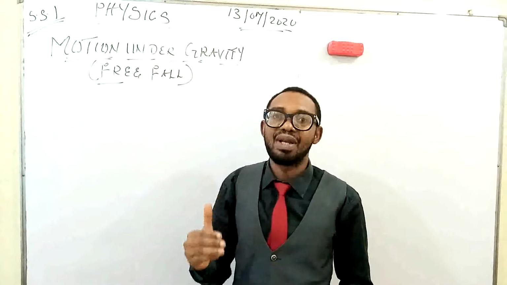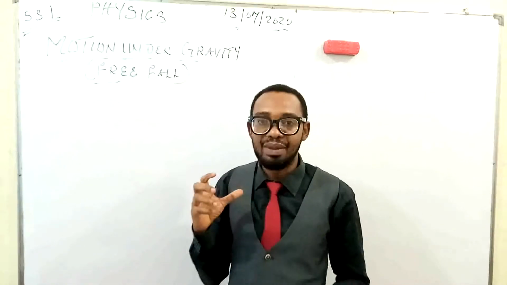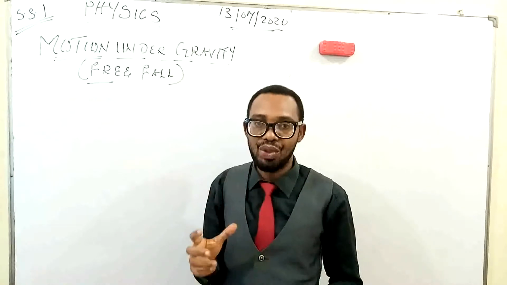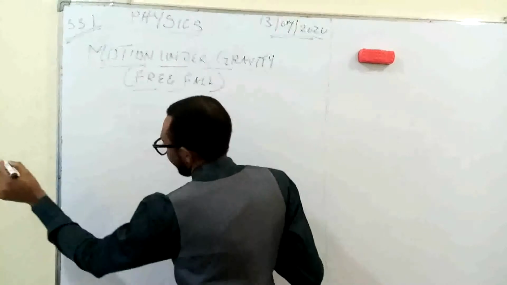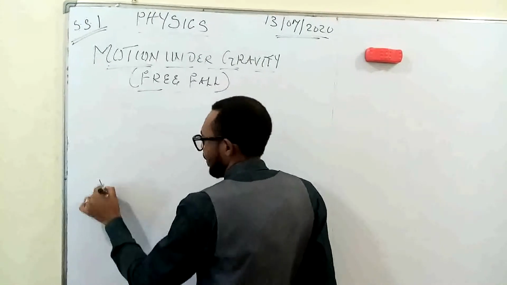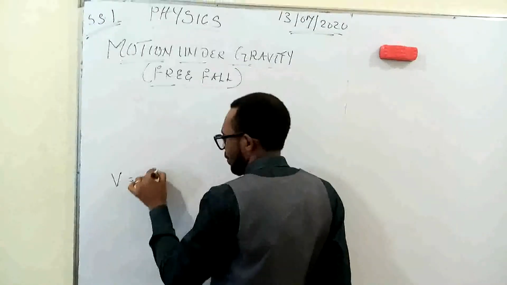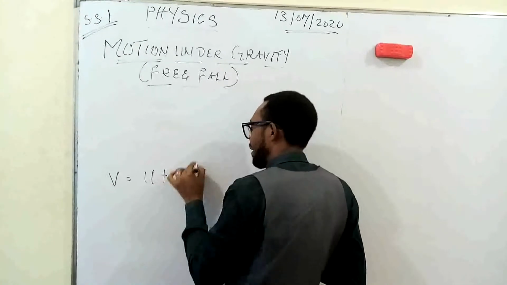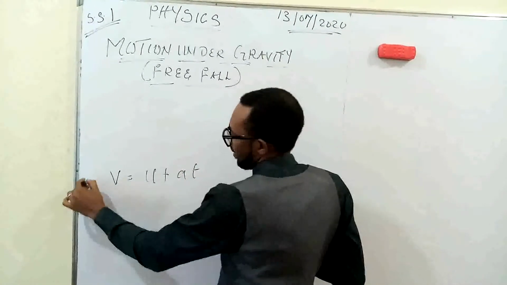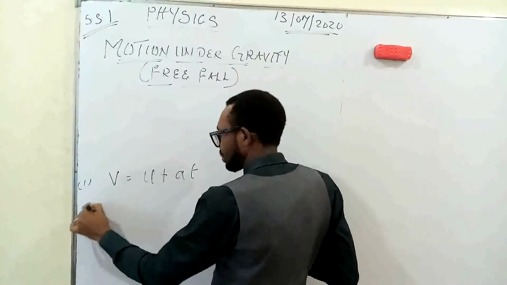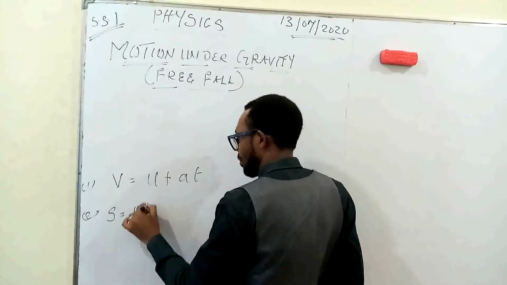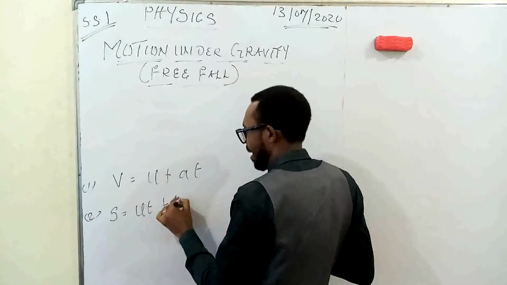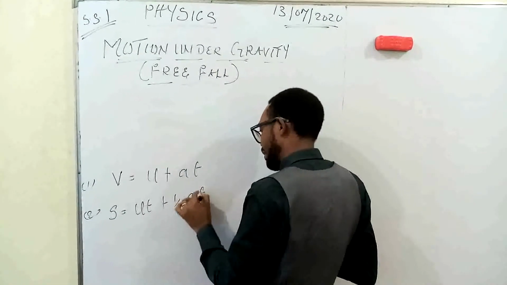And then we went further to deriving the three equations of motion. If you can still remember, the first equation of motion is V = U + AT. The second equation of motion is S, which represents distance, equals UT + 1/2 AT squared.